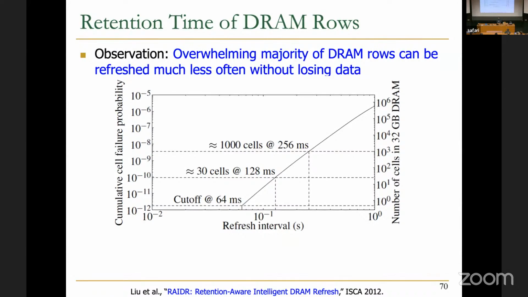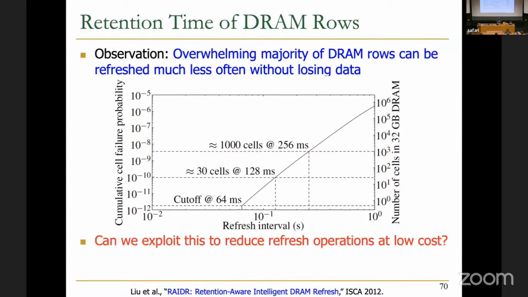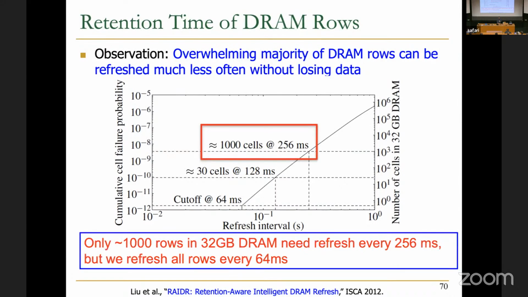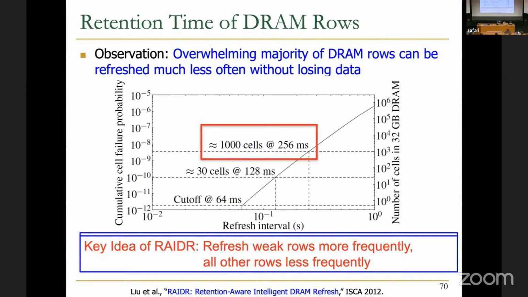From 64 to 128 milliseconds, you only observe bit flips in around 30 DRAM cells. If you go to 256, it's about 1,000 cells, and it increases like this. If you think about the whole DRAM capacity, these numbers are quite small. So can we exploit this to reduce refresh operations at low cost? That's the question. Only 1,000 rows out of a 32 gigabyte DRAM chip experience bit flips here.